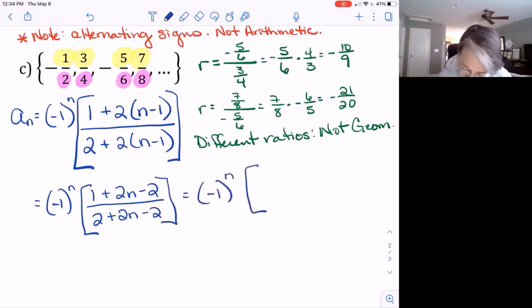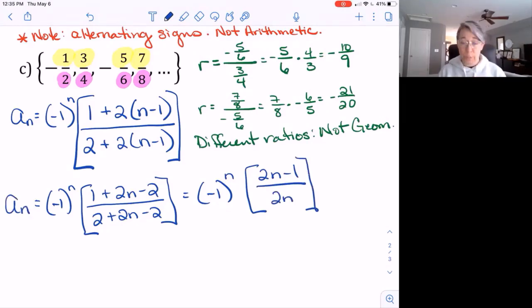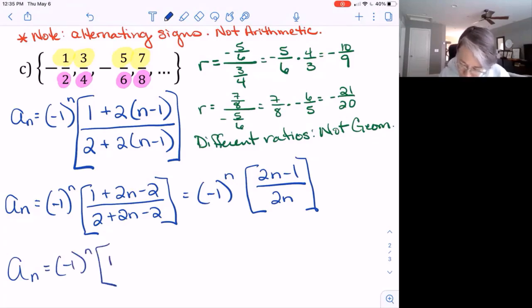-1 to the n with 2n minus 1 on top divided by 2n in the denominator. That in itself is an explicit formula, but we can keep simplifying it. -1 to the n. If we reduce those two, we would get 1 minus 1 over 2n.